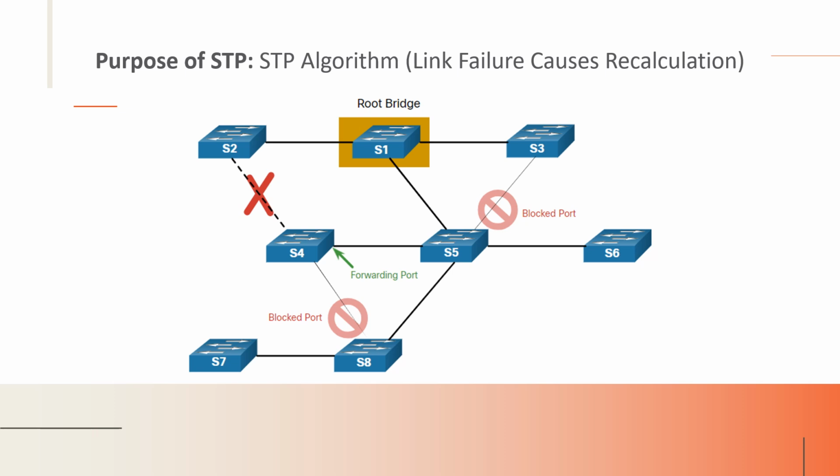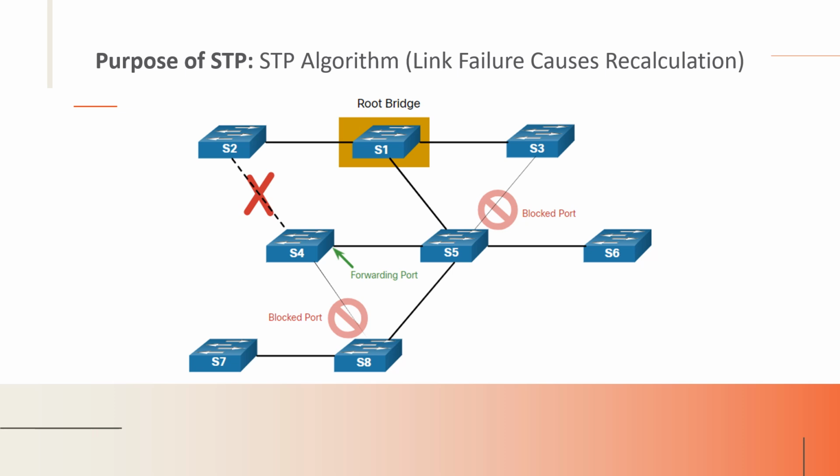The spanning tree protocol prevents loops from occurring by configuring a loop-free path through the network using strategically placed blocking state ports.